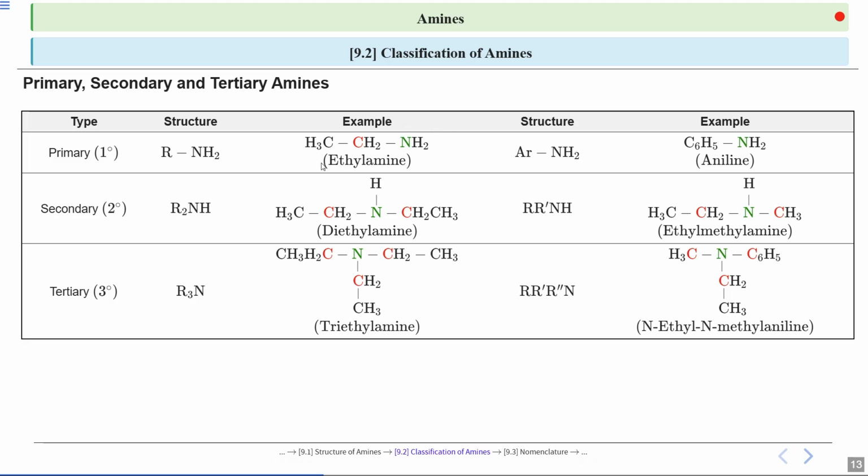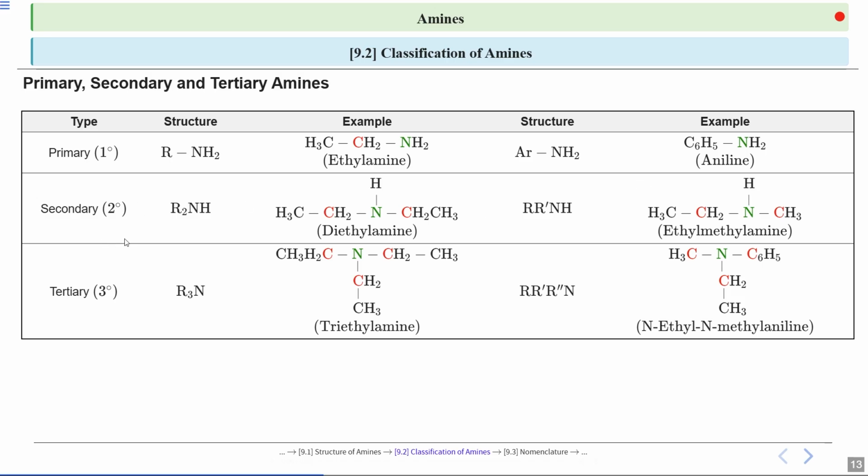Okay, so I got ethylamine. And over here, I have replaced one of the hydrogens in the structure with an aromatic ring. Okay, so the corresponding amine which I have got is aniline. In aniline, the NH2 group is attached to a benzene. So this is an example of a primary amine.